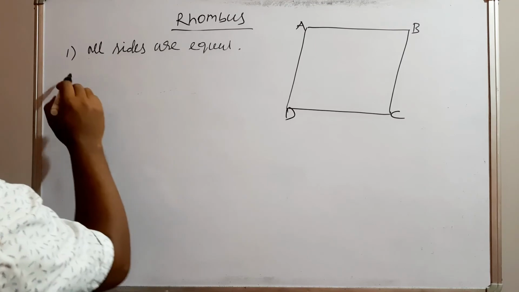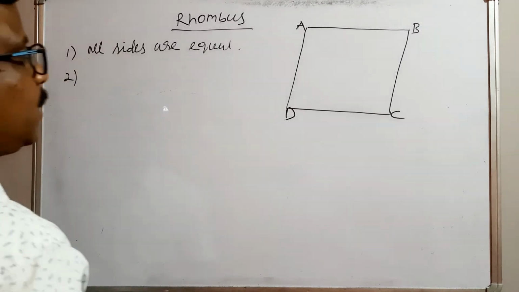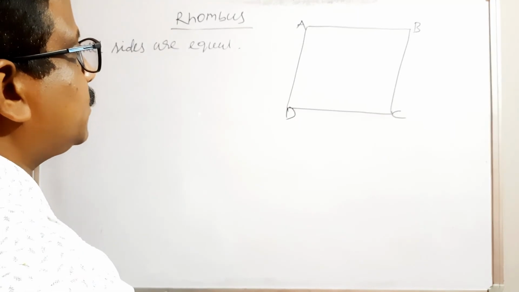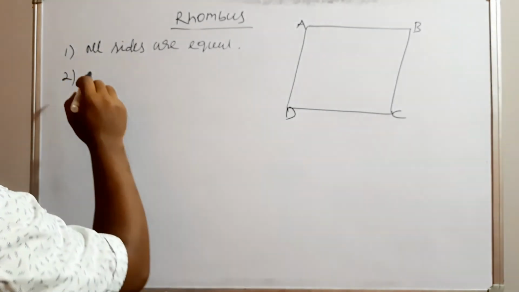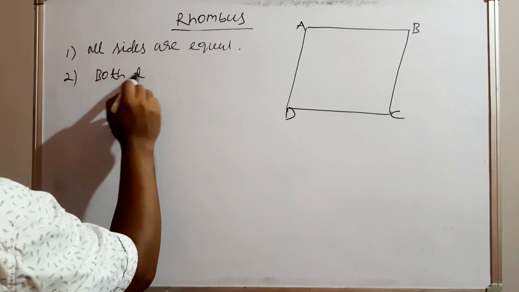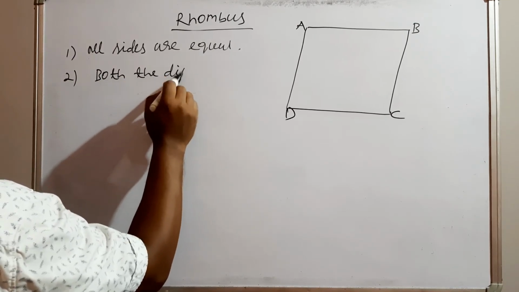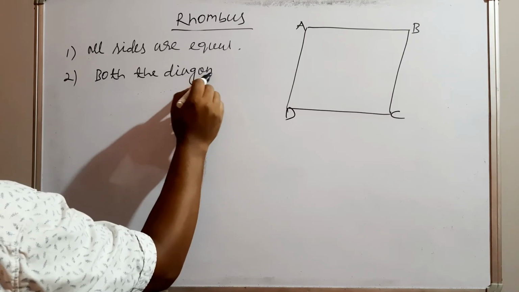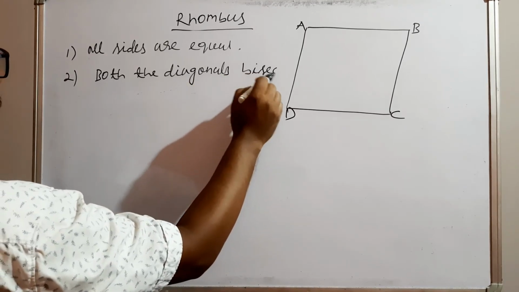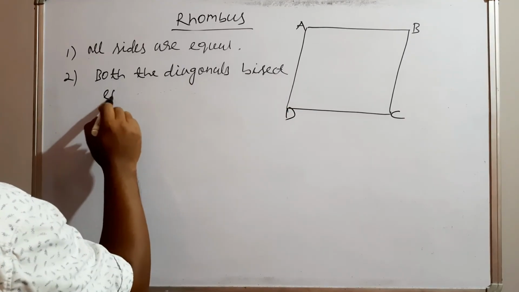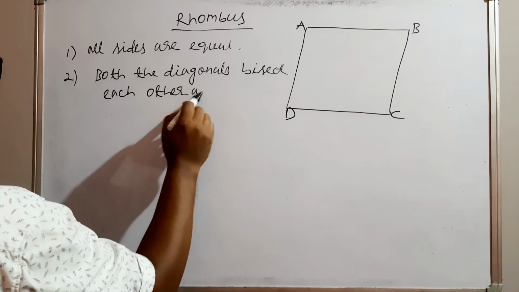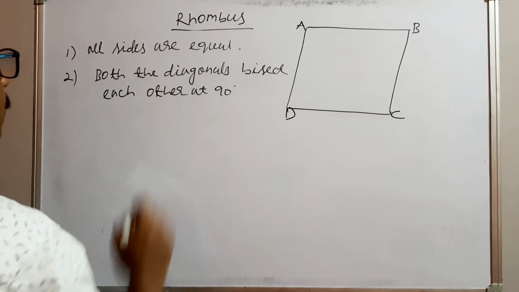And here, like a square, both the diagonals bisect each other at 90 degrees.